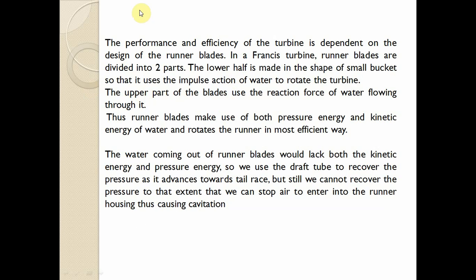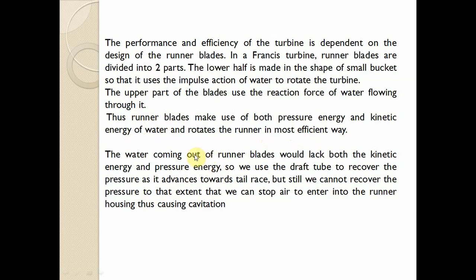The performance and the efficiency of the turbine depend on the design of the runner blades. In a Francis turbine, runner blades are divided into two parts. The lower half is made in the shape of small buckets so that it uses the impulse action of water to rotate the turbine. The upper part of the blade uses the reaction force of the water flowing through it. Thus, runner blades make use of both pressure energy and kinetic energy of water and rotate the runner in the most effective and efficient way.